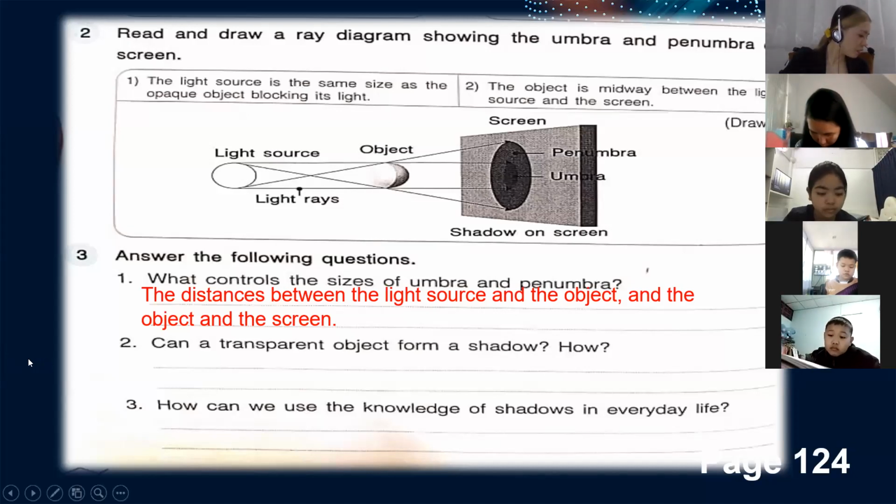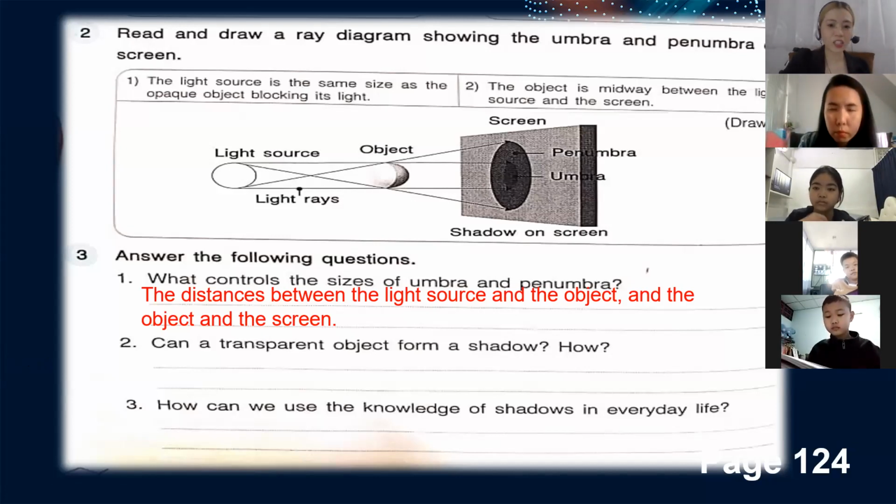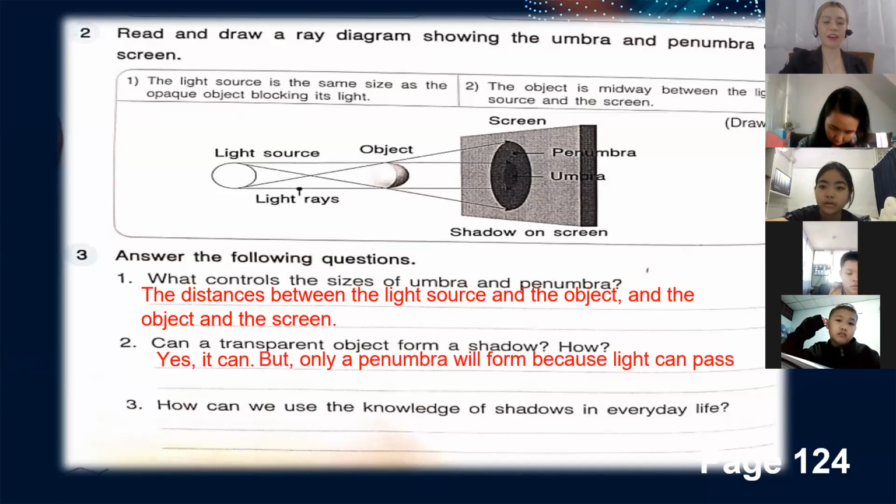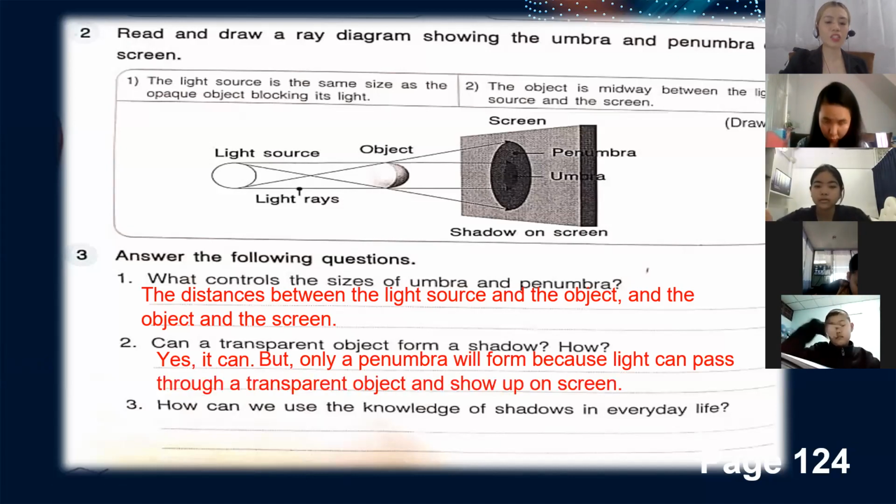Transparent and translucent objects can only make... Can a transparent object form a shadow? Yes or no? Can it form umbra and penumbra? It can form, but only penumbra. Very good. Yes, it can, but only penumbra will form because light can pass through a transparent object and show up on the screen.